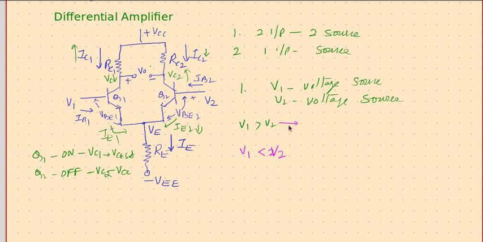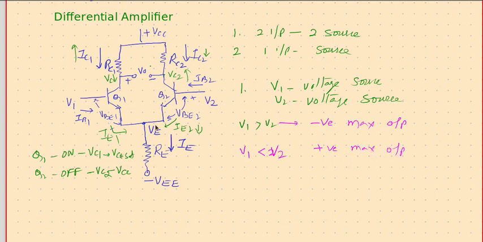Therefore when V1 is greater than V2, this will be in saturation, this will be in cutoff, so we get a negative maximum output. On the same ground, when V2 is greater than V1, this goes minimum, this goes maximum, therefore we get positive maximum output.